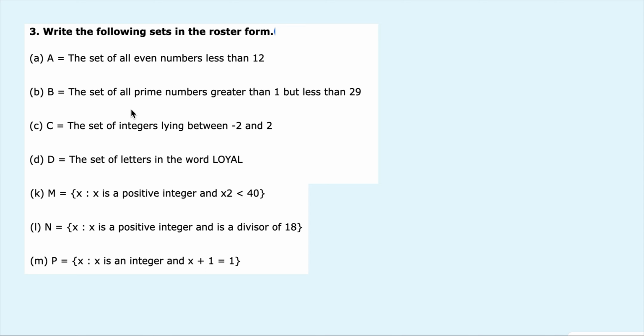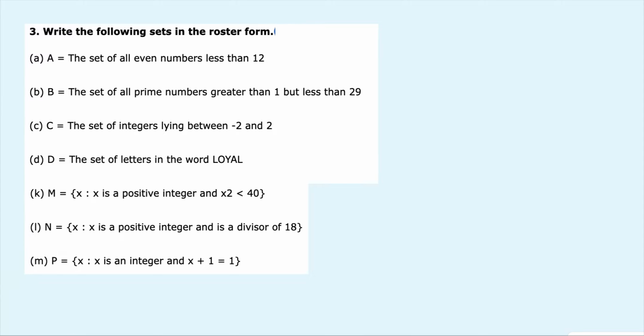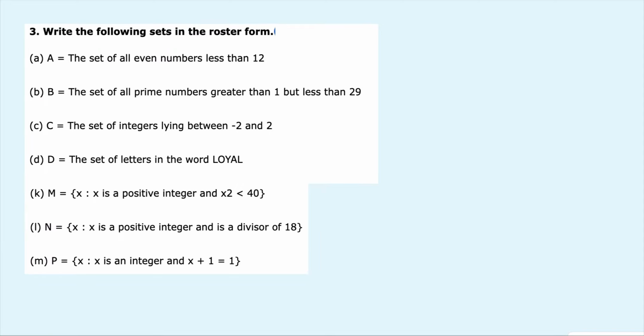The thing you want to remember is that when we are working on these forms, it says roster form. That means we're making a list, so it has to be very clear that it's a list. Because it's asking for a roster form, we're going to put a set of braces.